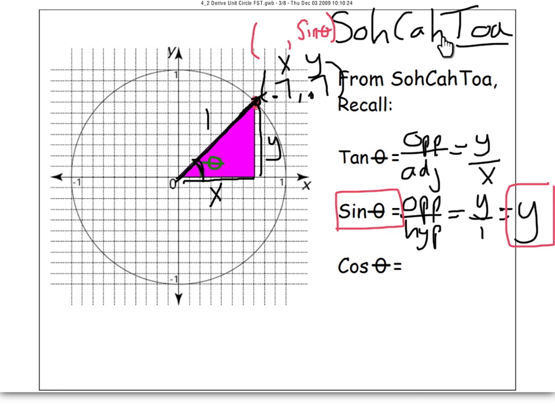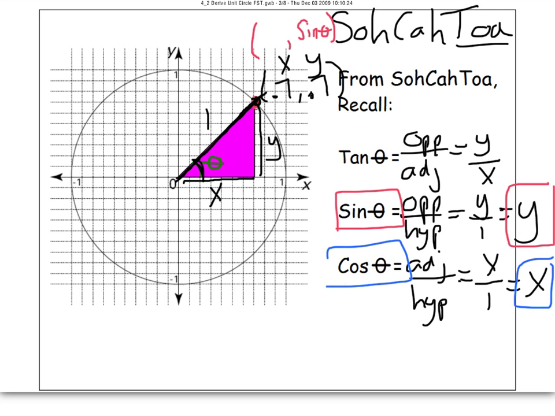Well, let's continue on to the cosine. Cosine is CAH, or adjacent over hypotenuse. So the angle that's adjacent, or the side from here, is x. The hypotenuse is 1. So cosine, let's just write adjacent over hypotenuse. And the adjacent, again, was the x. The hypotenuse is 1. And what this says is that x actually equals the cosine.